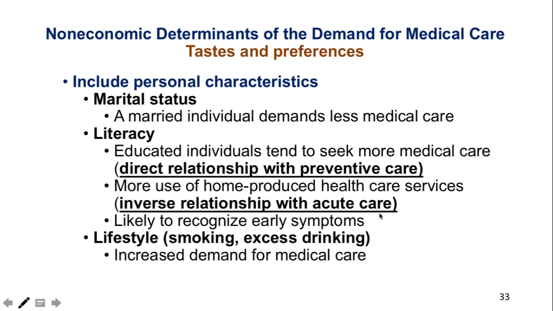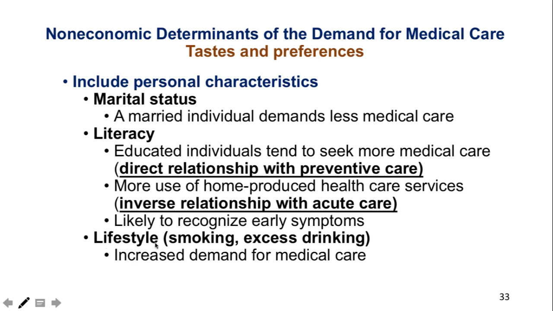So we can look at medical care from two different angles: preventive, and treatment and acute care. Educated people recognize the early symptoms and take care of them, and that's why they demand less acute care.